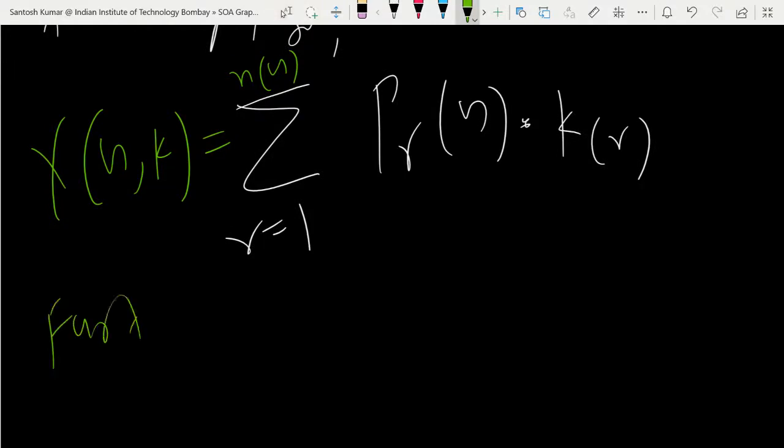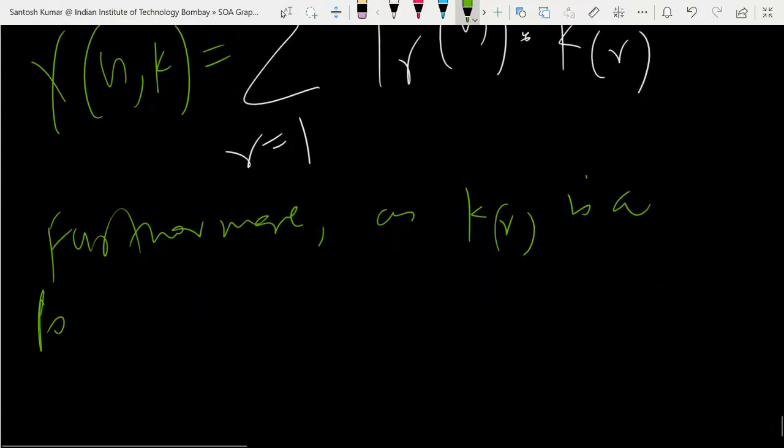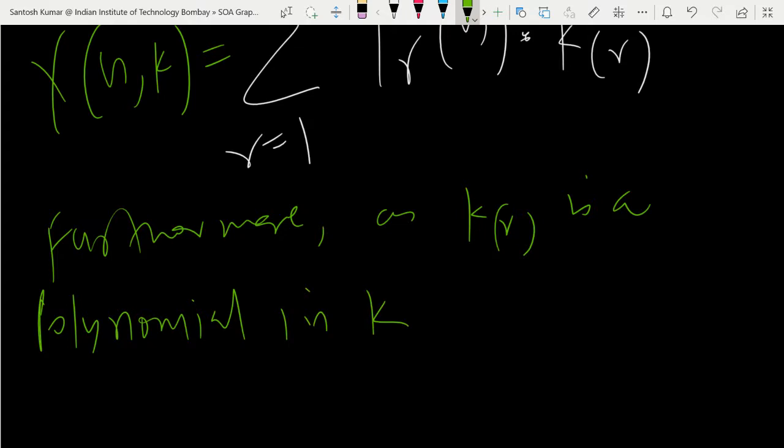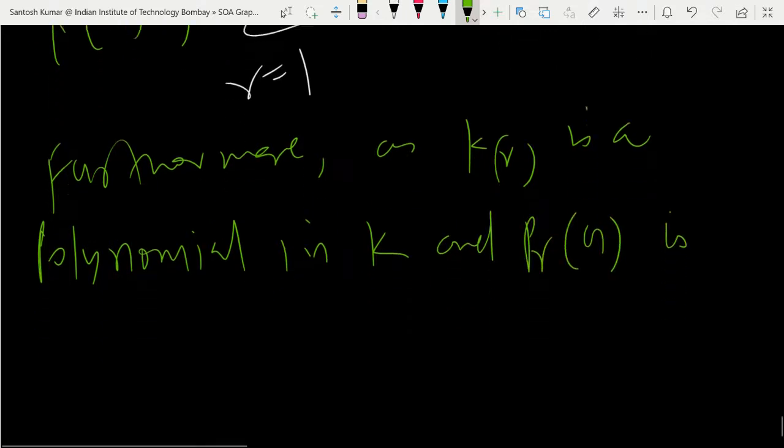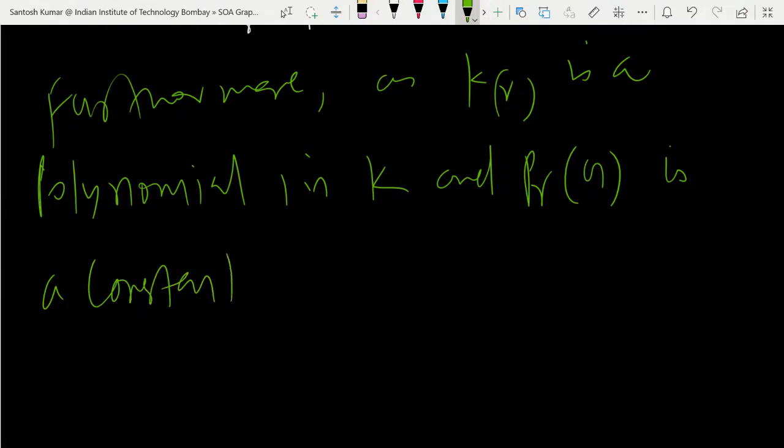So furthermore, as KR is a polynomial in K, okay, and PRG is a constant term. You know why it is constant: it is the number of partitions. So it's a constant term, 0, 1, 2, 3, or as many partitions as you can form of the vertex set. So this is a constant for each R.